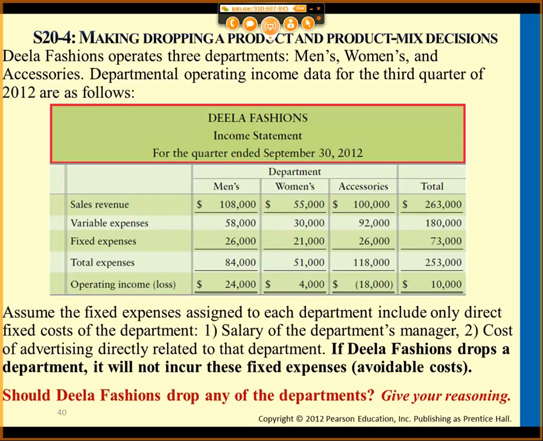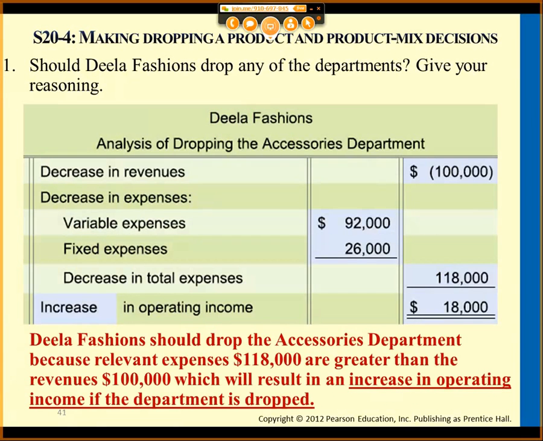How did you figure that out? Take out the accessories department total. You can subtract 100,000 out of the total of 263, which will leave you with 163. And then you also want to subtract total expenses from men's and women's combined, which leaves you with 135. And total comes out with the operating income of 28,000. So that's what you got here. You're right, it's 18,000. Okay?